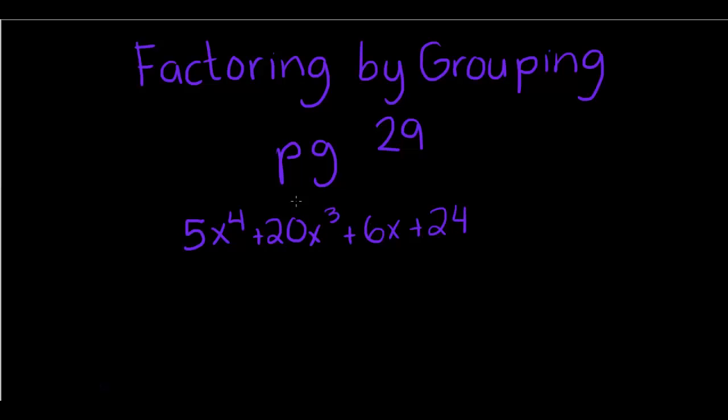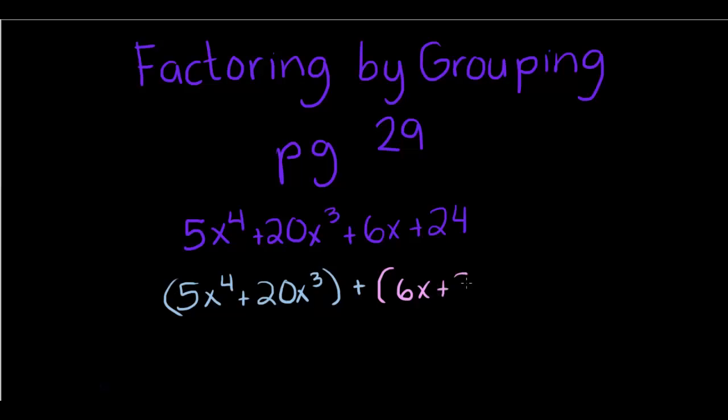What we're going to do is group them together. I'm going to start by factoring the first 2 and then the last 2. So I will have 5x to the power of 4 plus 20x to the power of 3, plus the other 2, 6x plus 24.